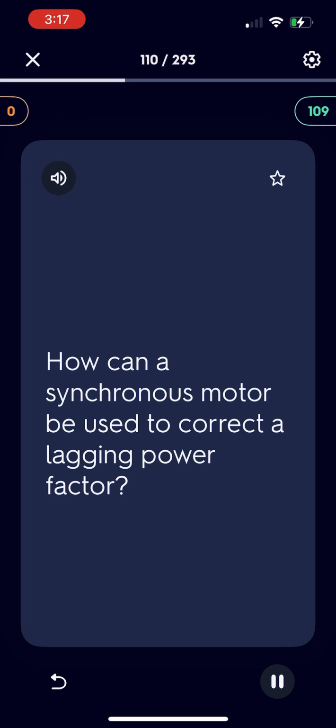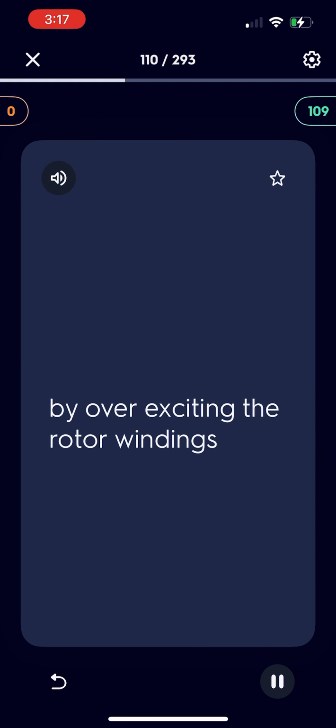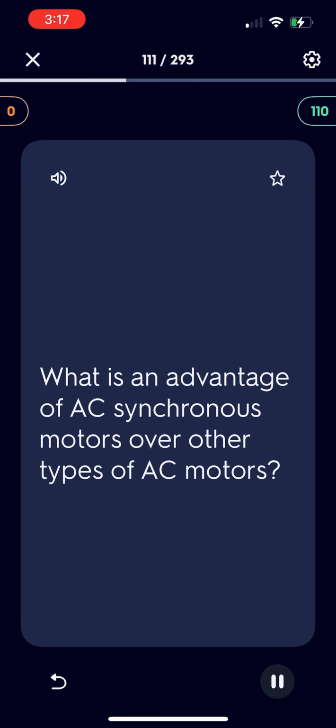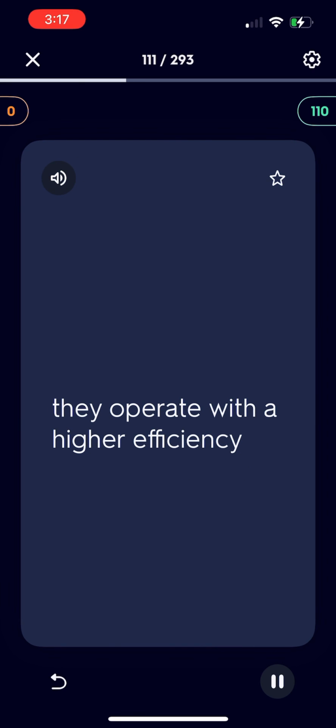How can a synchronous motor be used to correct a lagging power factor? By overexciting the rotor windings. What is an advantage of AC synchronous motors over other types of AC motors? They operate with a higher efficiency.